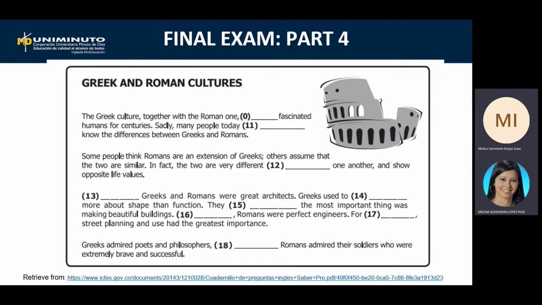Buildings. Romans were perfect engineers. C, indeed, Romans were perfect engineers.